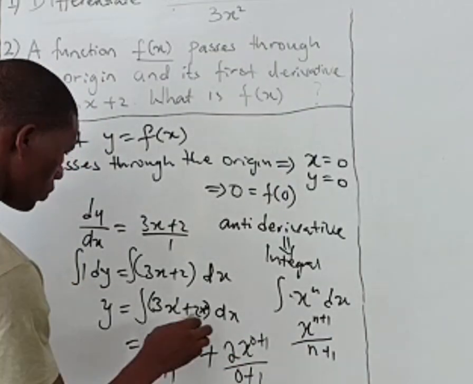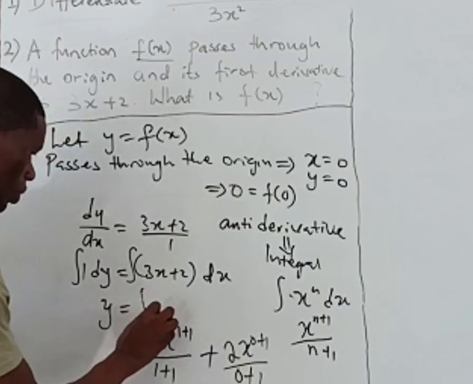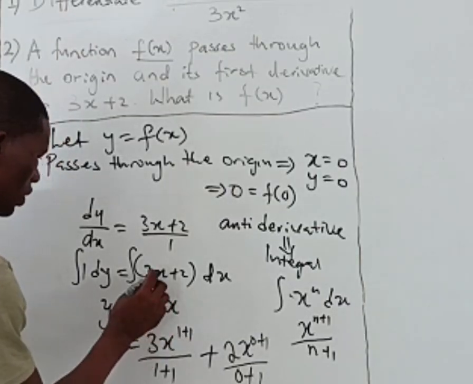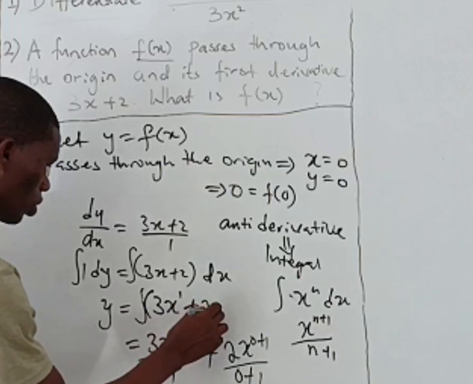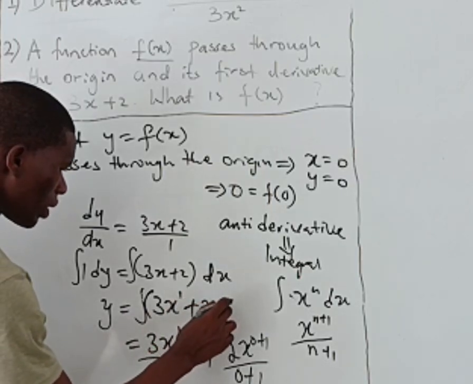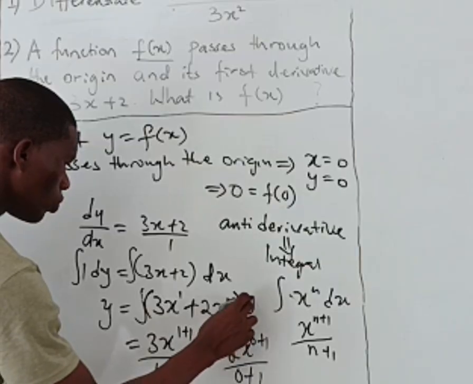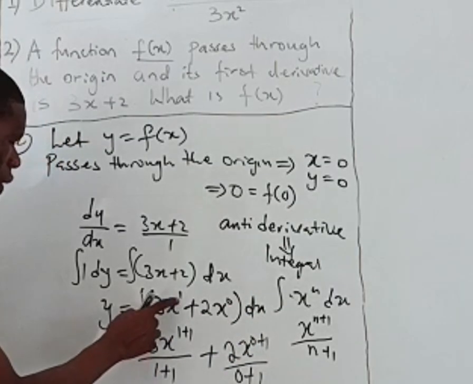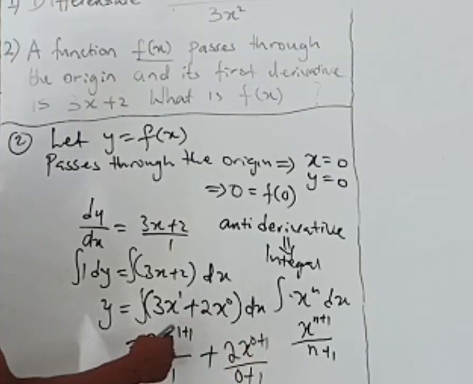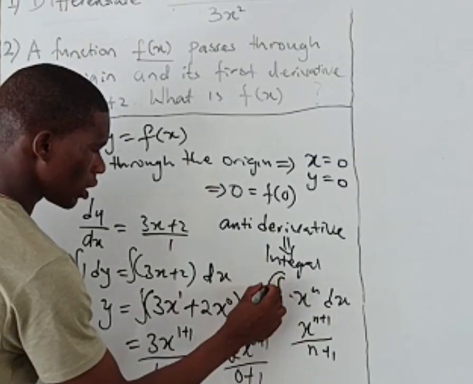But let me write this very well so I can see what I'm going to get. I was saying that the power of this x here is 1, then this 2 has an invisible x with the power of 0, with respect to x. That's why I added 1 here and divided by what I added up here, just following this rule.